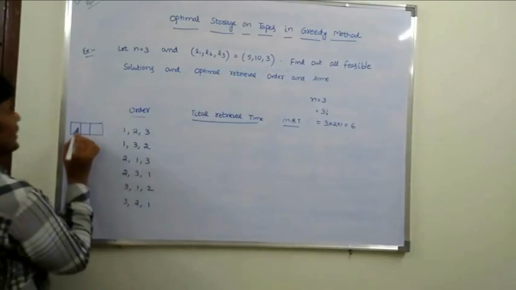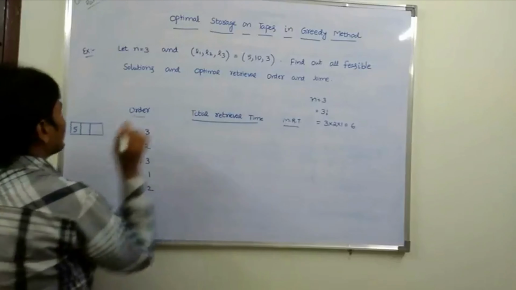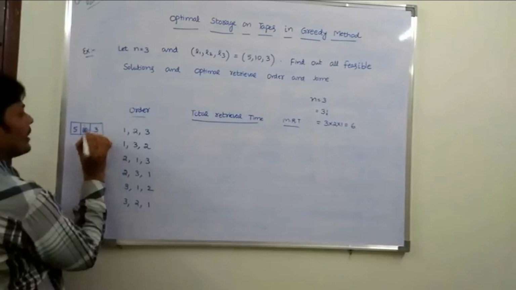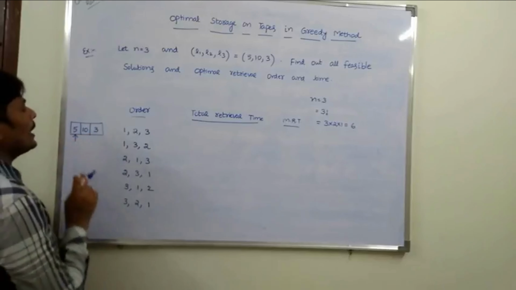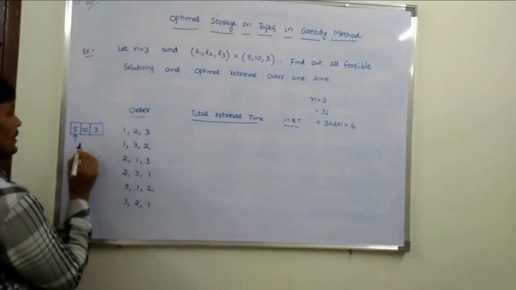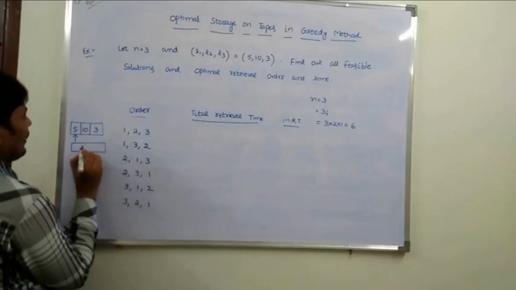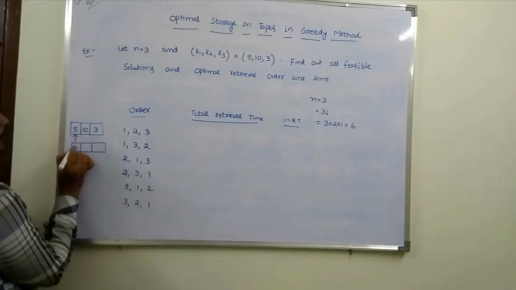First program length is 5. The second program length, that is 10. The third program length, that is 3. So the pointer always points to the first program length. Next, we can go for the second way. First program length, that is 5.